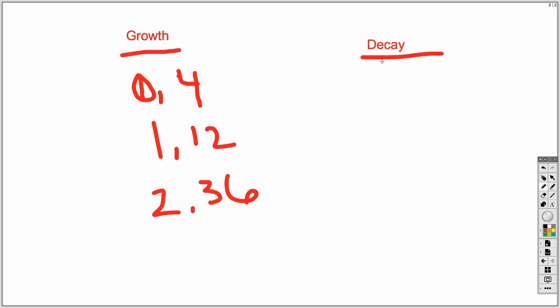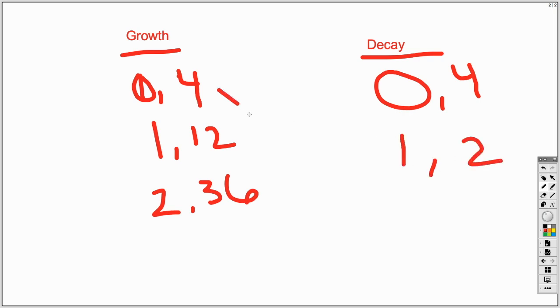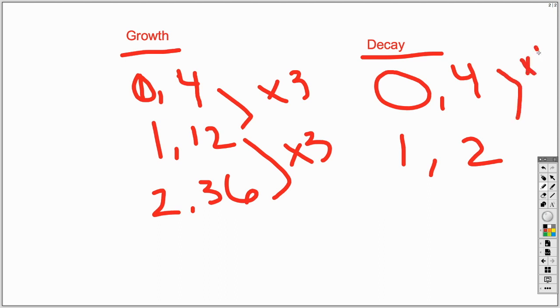However, in decay, it's not like that. Suppose this would be 0, 4. Then this might be 1, 2. Instead of multiplying by 3 as the slope, this is multiplying by a half. So the next would be 2, 1. That's an example of each.